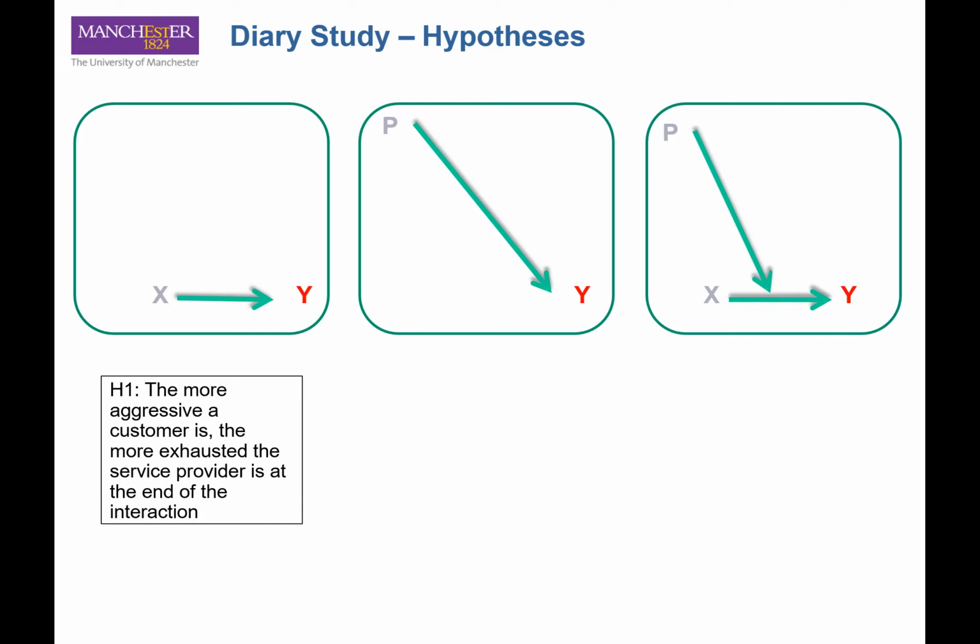Y, the outcome, is how exhausted the service provider is at the end of the interaction. From this hypothesis, you can see that it's only at level 1, because it's talking about the customer interaction, and whether the customer is aggressive or not will affect the employee's exhaustion. So this is at level 1.